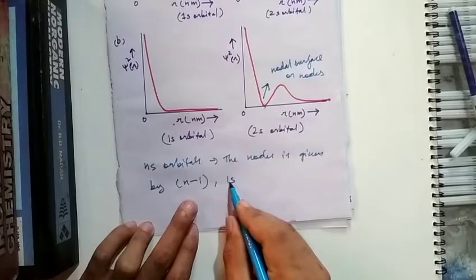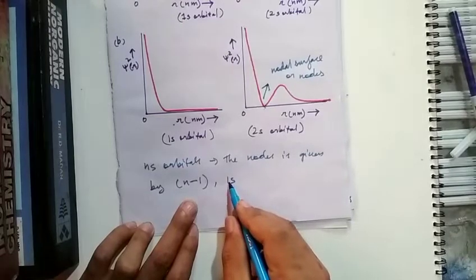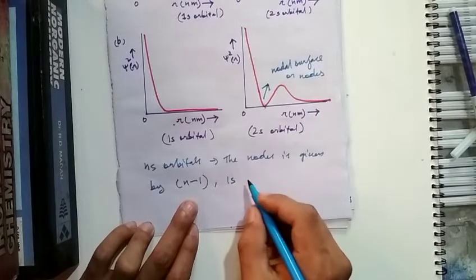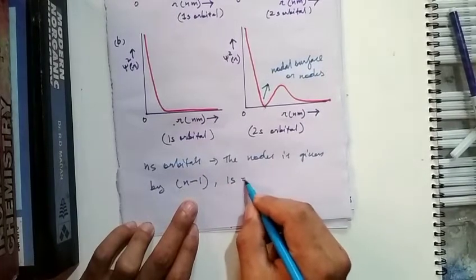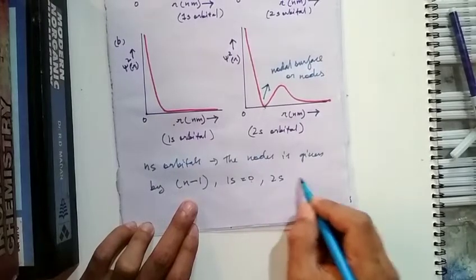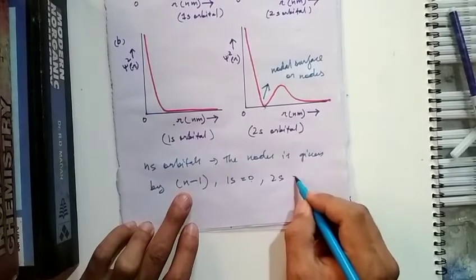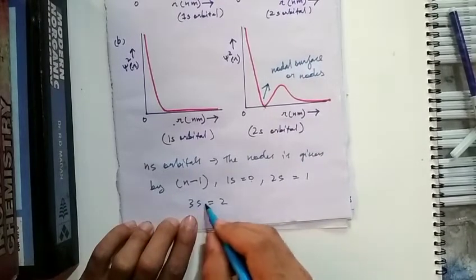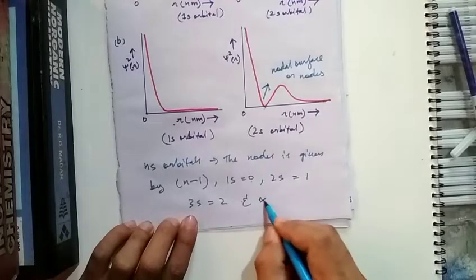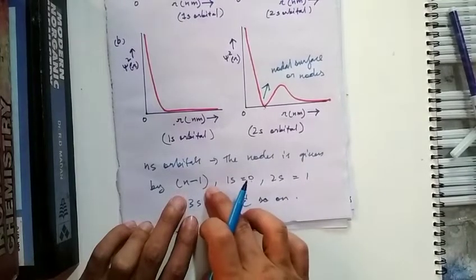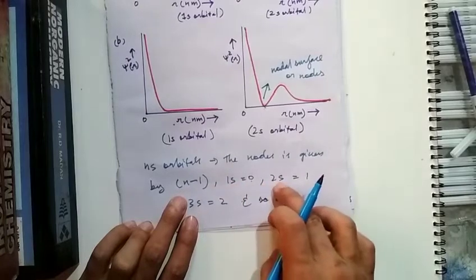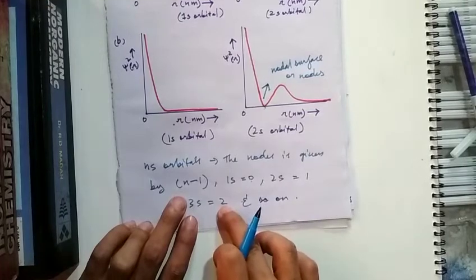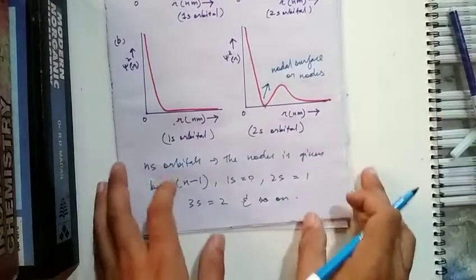For 1s, since the principal quantum number is 1, no node is present. It will be 0. For 2s, 2 minus 1, it will be 1, and for 3s, 3 minus 1, it will be 2, and so on. So the number of nodes for 1s is 0, 2s is 1, 3s will be 2, 4s will be 3, and so on.